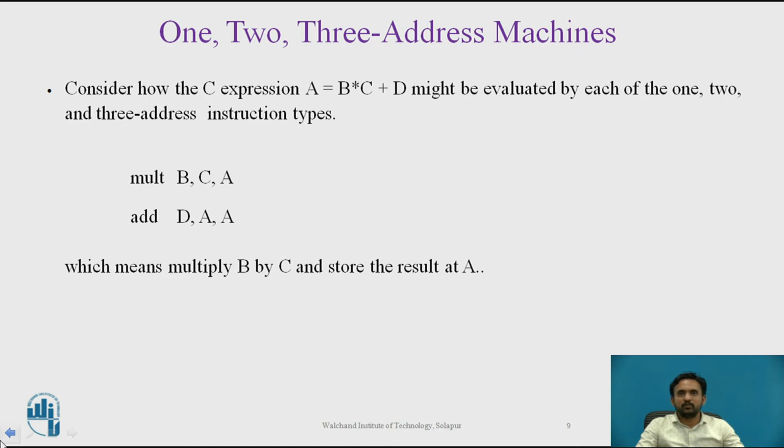Let us consider how the C expression A = B * C + D might be evaluated by each of the 3 instruction types, that is, one-address machine, 2-address machine and 3-address machine.